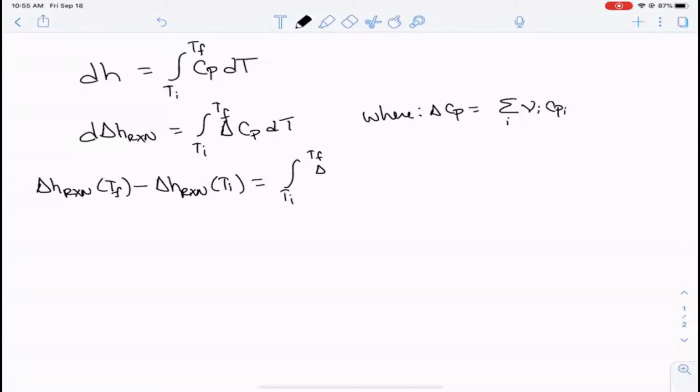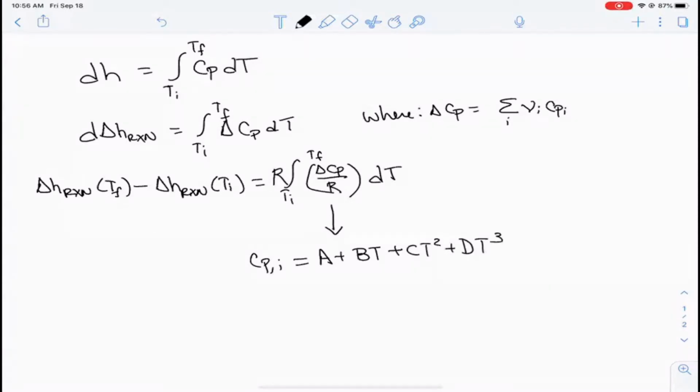So actually, what we really need is delta Cp over R. And of course, that means that we have to multiply here by R times dT, right? And the way that this is normally implemented is that we know in our book that the heat capacity for any species i is just equal to A plus BT plus CT squared plus D over T squared.